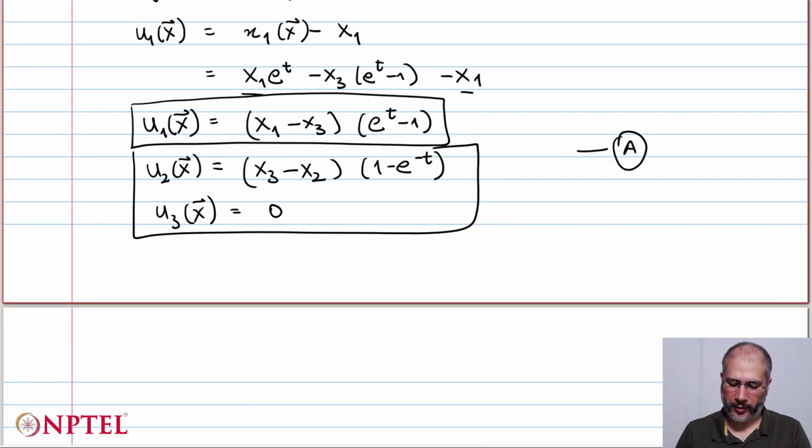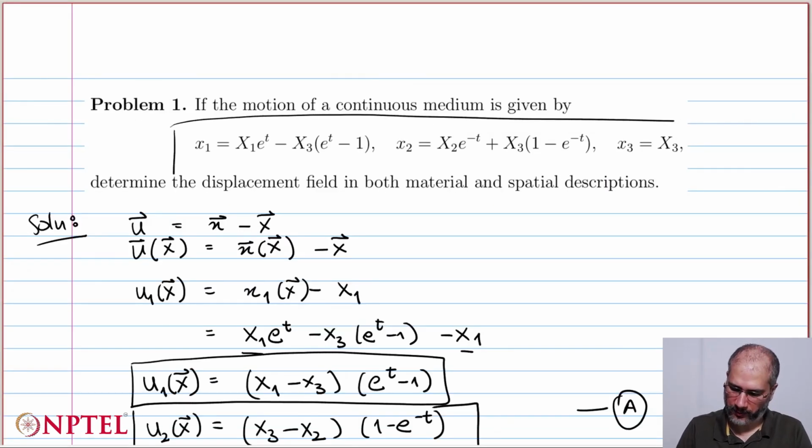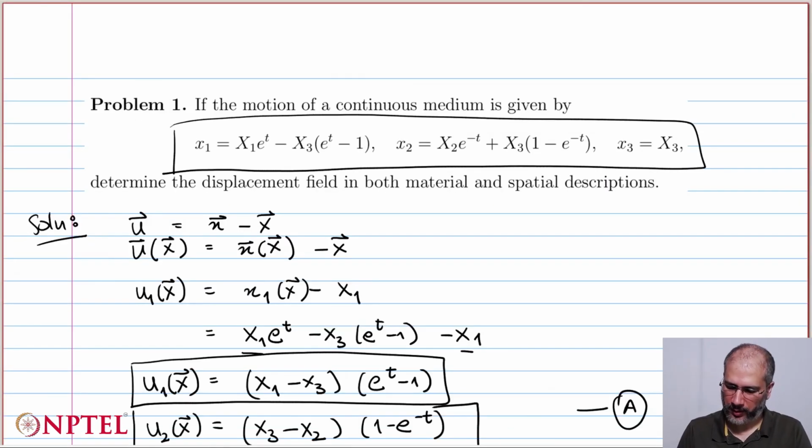Now, next we need u as a function of small x's, but for that we need the transformation chi inverse so that we can go from the Lagrangian to the Eulerian description of u. So we'll go back to the equations, that is the chi function, and then we will try to invert it, which is again straightforward because x3 is capital X3, so that's easily inverted.